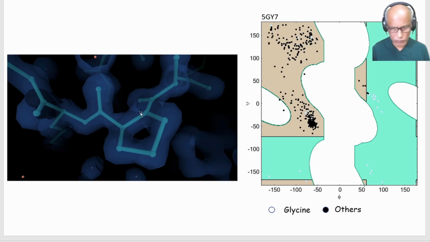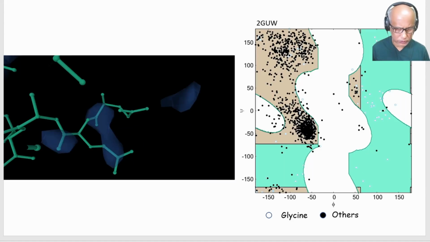Of course, the number of absolutely wrong structures in the database is now very small, because this kind of validation using the Ramachandran map and other tools has become standard practice. But some of the older structures, deposited maybe about 20-25 years ago, come from days when the notion of careful validation was not so much there, and some mistakes have crept in.